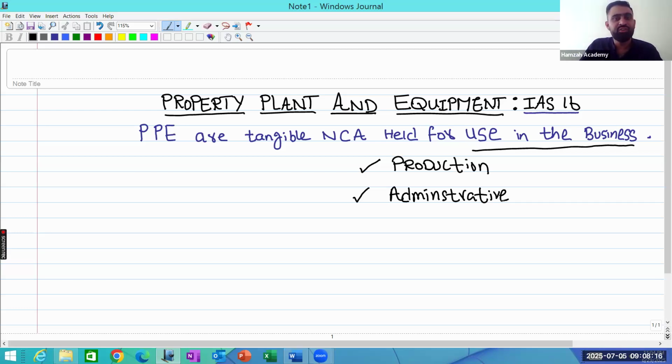For administrative purposes, like head office building. To provide services, like hospitals, schools, restaurants, cafes. Or maybe for rental purposes.